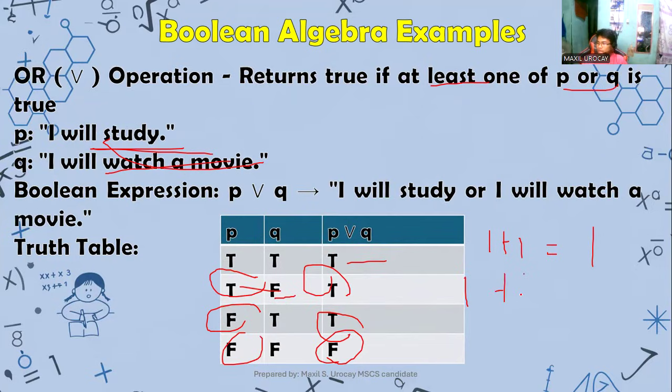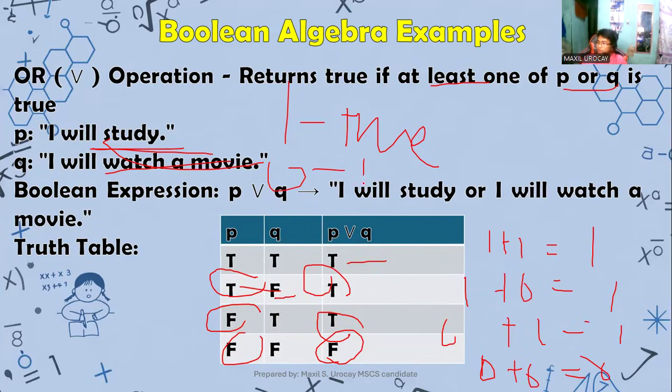1 plus 0 is equal to 1. 0 plus 1 is equal to 1. And 0 plus 0 is equal to 0. Reminder that 1 signifies true and 0 signifies false. Okay? 1 plus 1 is not 2.